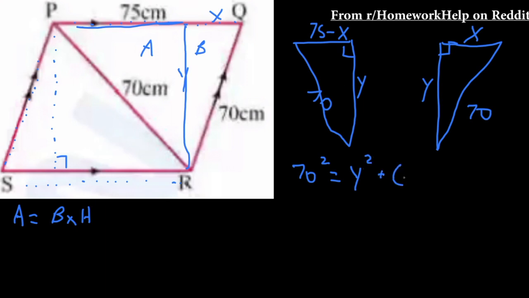I'll put a bracket around 75 minus x squared for now. For this other triangle, triangle B, we have 70 squared equals y squared plus x squared.